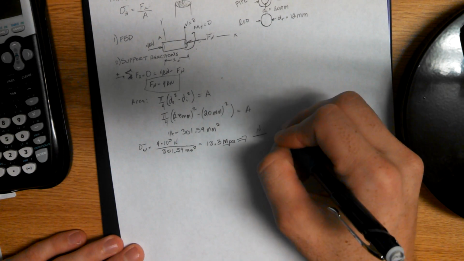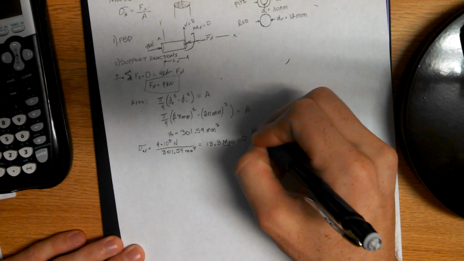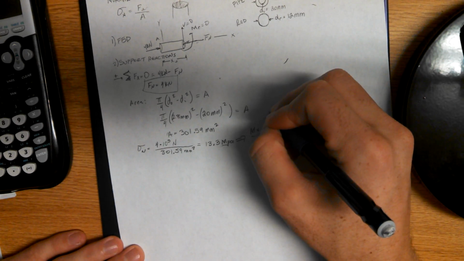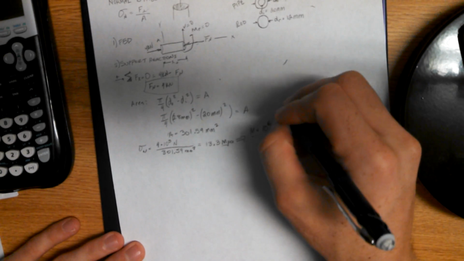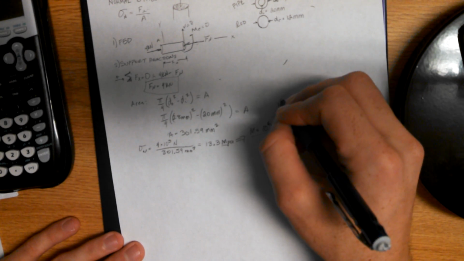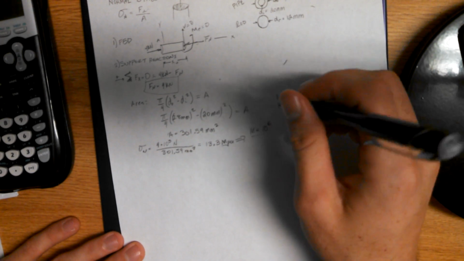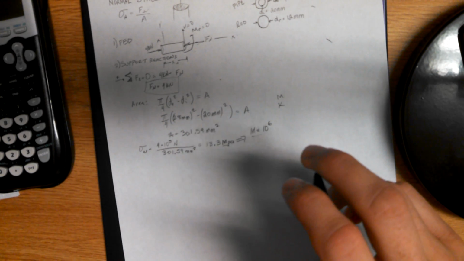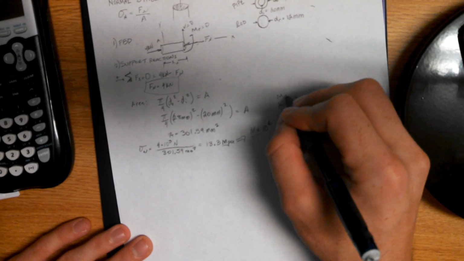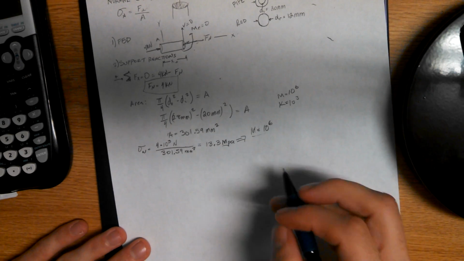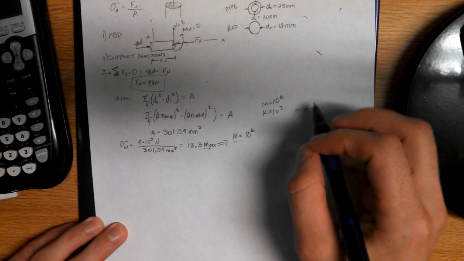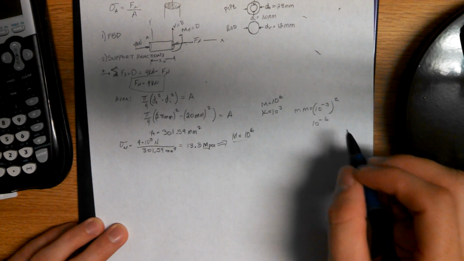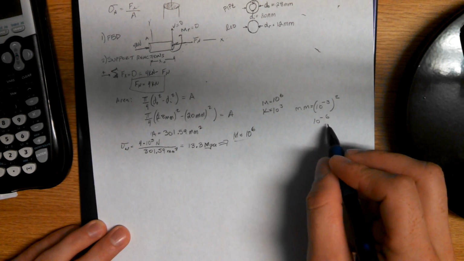Mega equals 10 to the 6th power. Kilo is 10 to the 3, mega is 10 to the 6, and milli equals 10 to the negative 3, and when we square 10 to the negative 3, we get 10 to the negative 6.